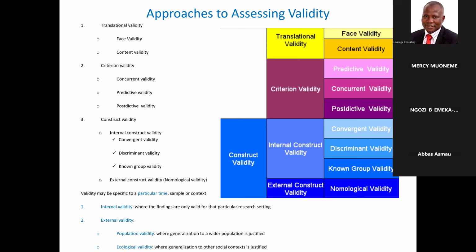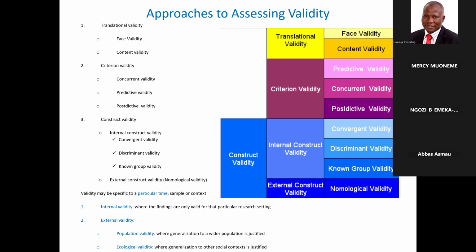Under construct validity, we have internal construct validity, which includes convergent validity, discriminant validity, and known-group validity, and we have external construct validity, which is ecological validity.